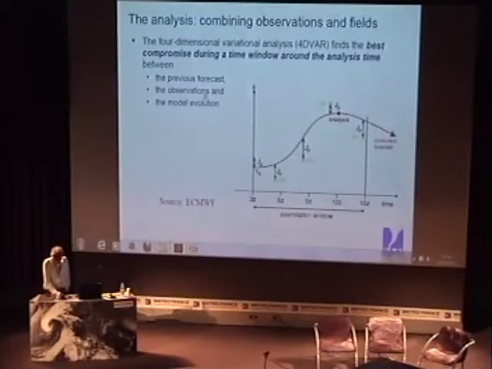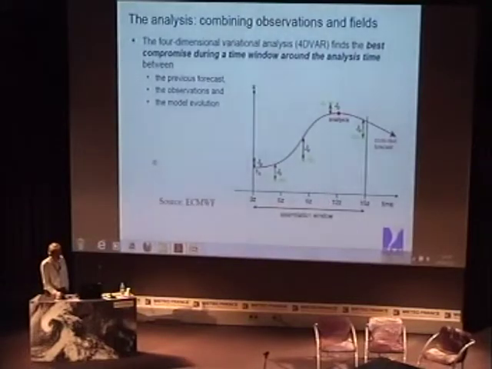So the process of combining these observations, to feed the model with this observation and combining it with the background or the model, is called the data assimilation, and the analysis that is being used there is called 4D VAR, four-dimensional variational analysis.